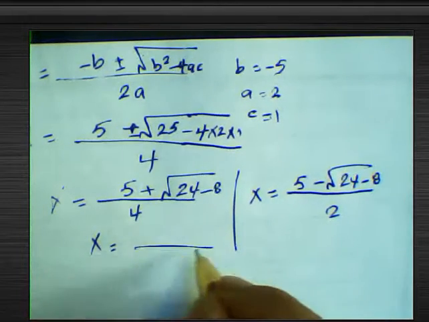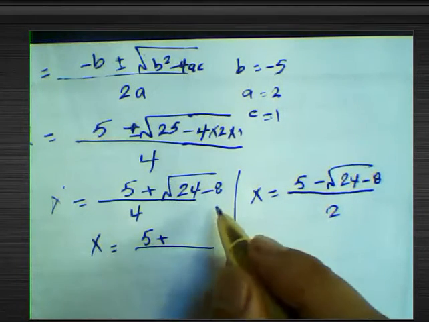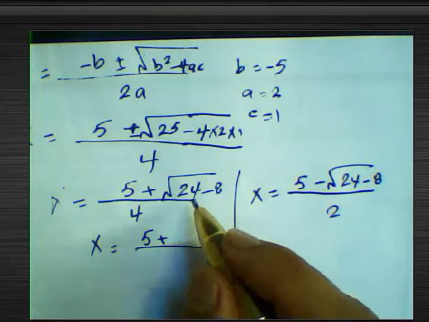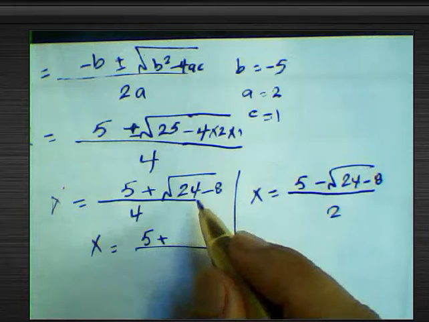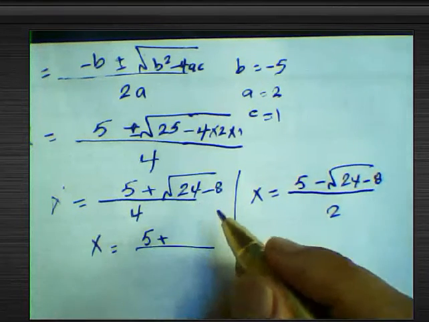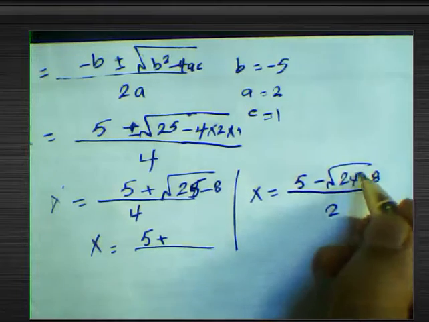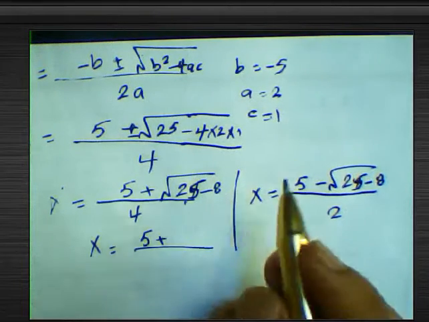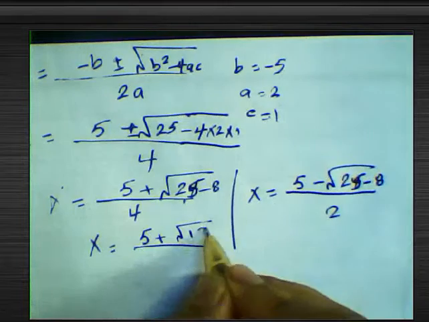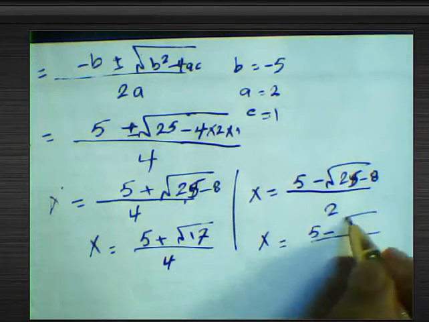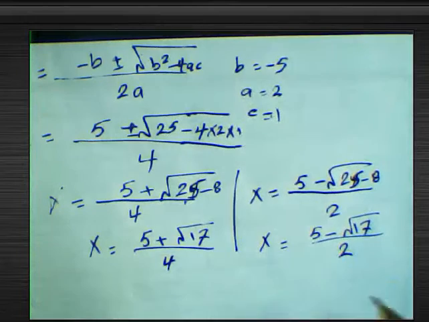Okay, 24, it was 25, sorry, 25. Subtract 8, 25 − 8 equals 17 over 4, and x will be 5 minus the square root of 17 divided by 2.